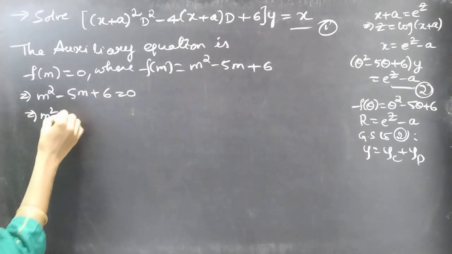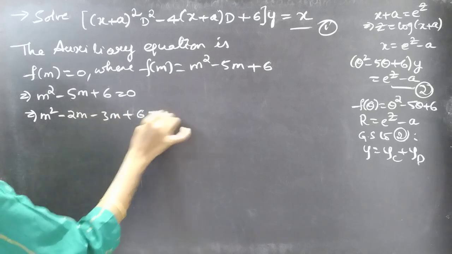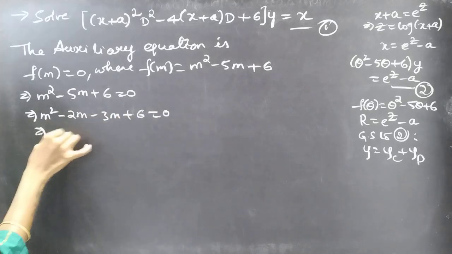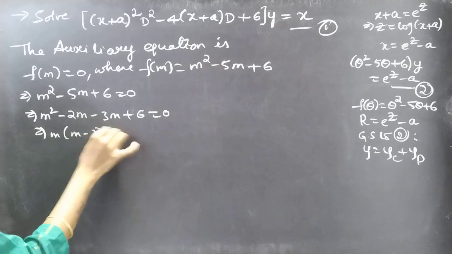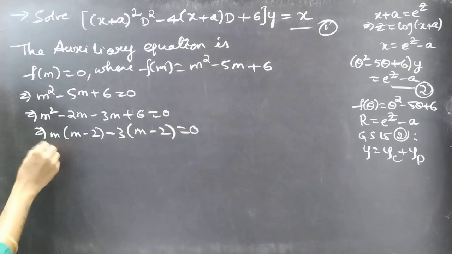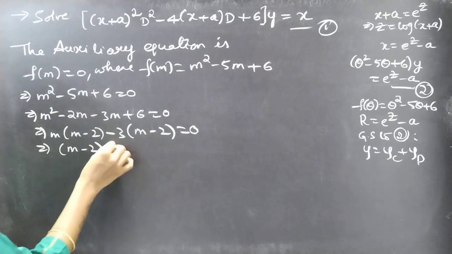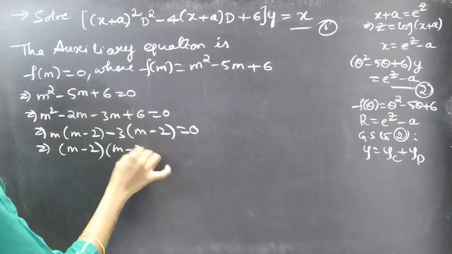Let's split minus 5m as minus 2m minus 3m. Now take m common from the first two terms and take minus 3 common from the next two terms. Now take m minus 2 common from these two terms, we'll get m minus 2 times m minus 3 equal to 0.